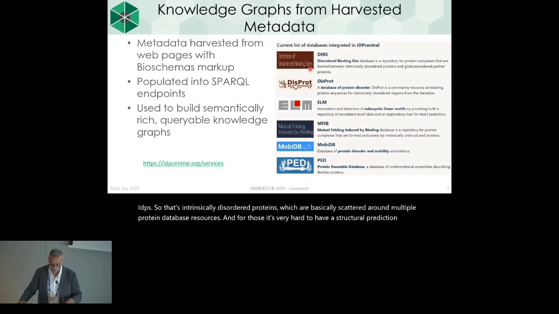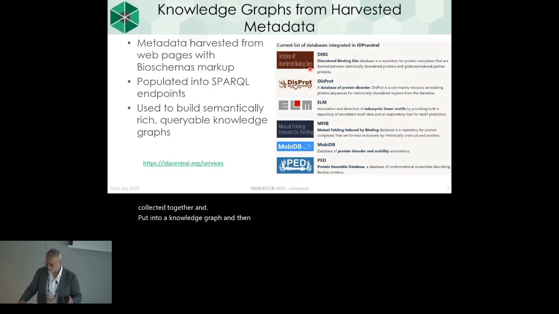So within the Protein Bioschemas profile, you can mark these up, and then they can be collected together and put into a knowledge graph, and then you can build a SPARQL query in a SPARQL endpoint, and then you can have queryable knowledge graphs, essentially. And there's some examples here of some of the resources that are used to build that.